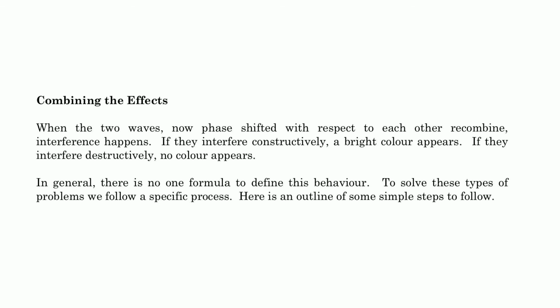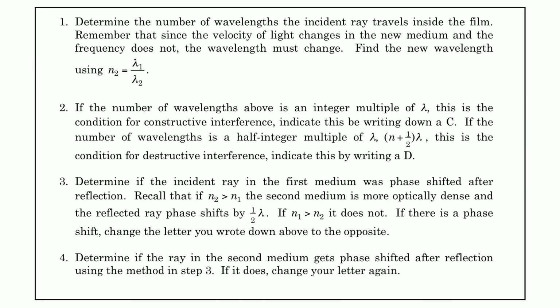There's no way to define the behavior in a single formula. So on the next page, I've prepared some simple steps for you to follow the first few times you're working through these questions. We're not going to necessarily go through them now, but in the first step, we have to determine the number of wavelengths that the incident ray travels inside of the film.